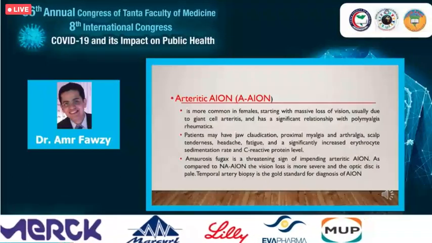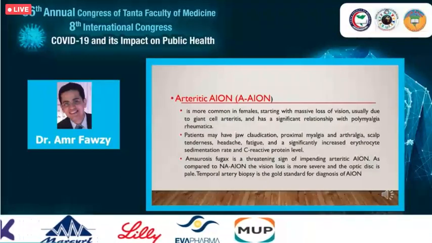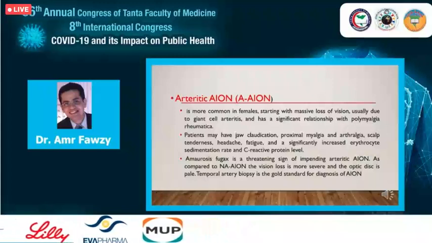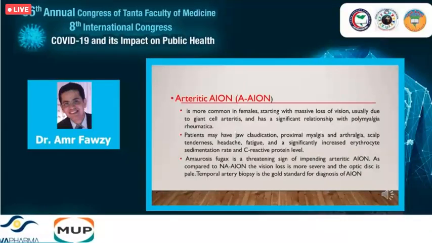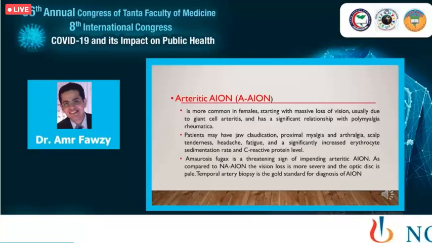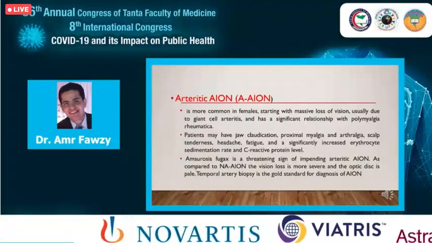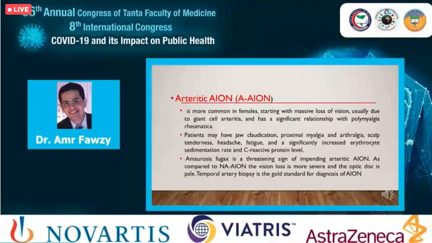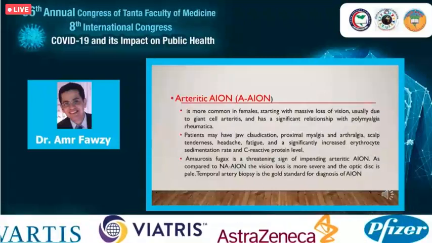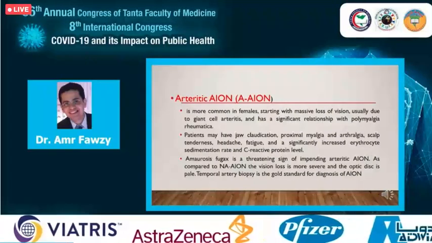Amaurosis fugax is a threatening sign of impending arteritic anterior ischemic optic neuropathy. As compared to the non-arteritic type, the vision loss is more severe and the optic disc is pale. Temporal artery biopsy is the gold standard for diagnosis of the arteritic type.